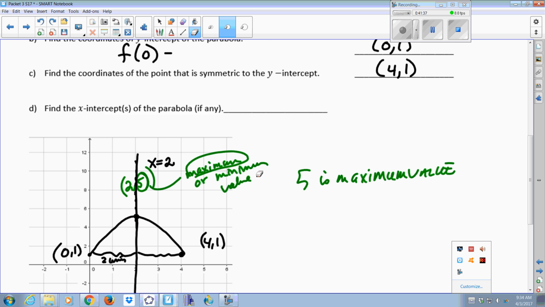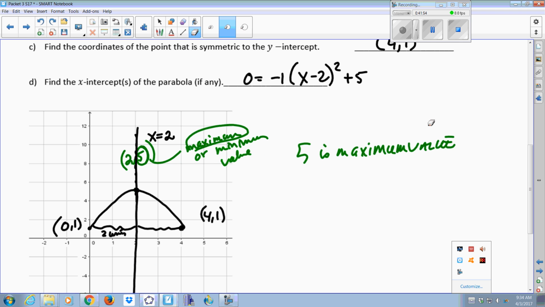How do you find the x-intercepts? Y equals 0, right? So we put this like this, negative 1 times x minus 2 squared plus 5. So let's do this, instead of multiplying this all out, let's do it the quicker way. We want to solve for x, so subtract 5 from both sides. Negative 5 equals negative 1 times x minus 2 quantity squared.